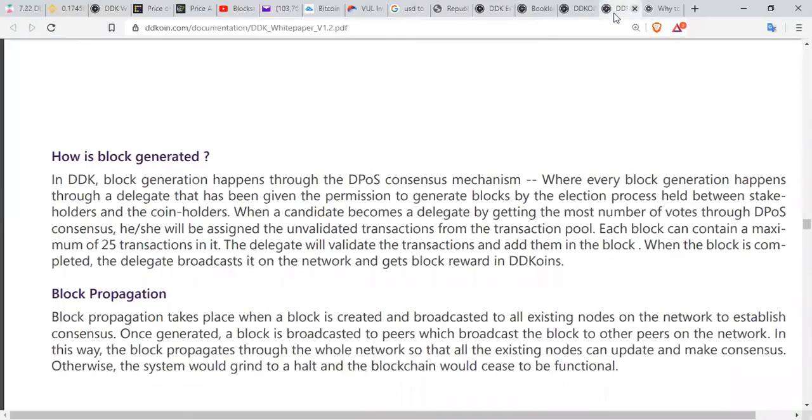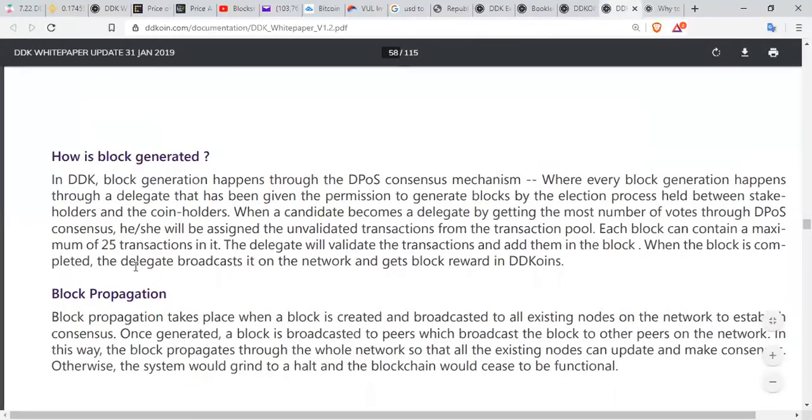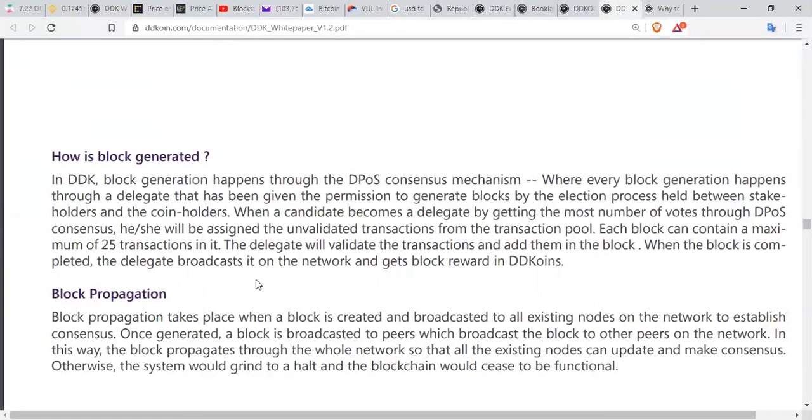transactions per second. So madali lang intindihin yon by mathematics, mga kababayan. 25 sa isang block, tapos 10 seconds yung capability ng blockchain. So ang capability ng blockchain is to create 2.5 transactions per second. Ganon kabilis.